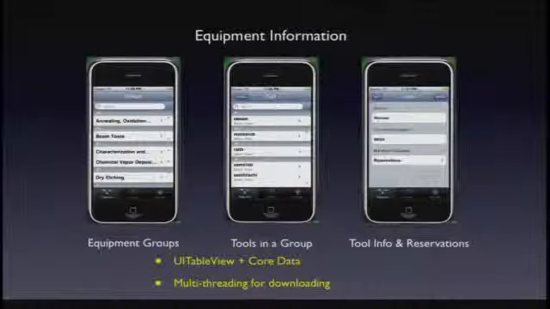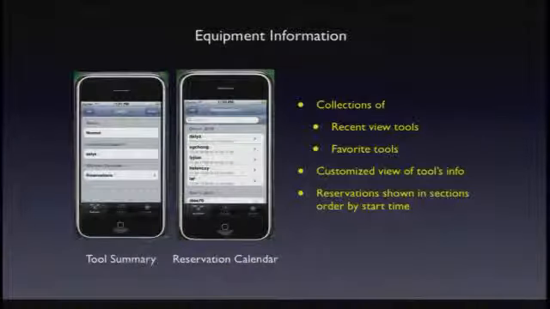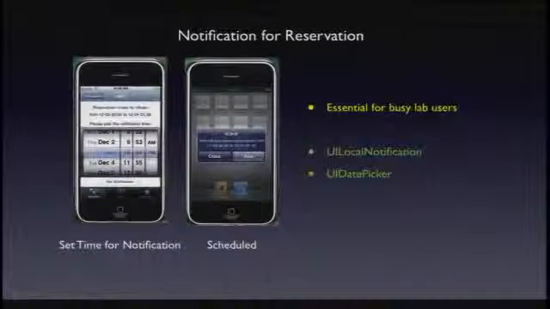The tools are categorized into groups, and within each group you can look at different tools, and for each tool there's a customized view with information like the status and reservations. This is the view of the reservation. And last but not least, you can make a notification for your reservations.